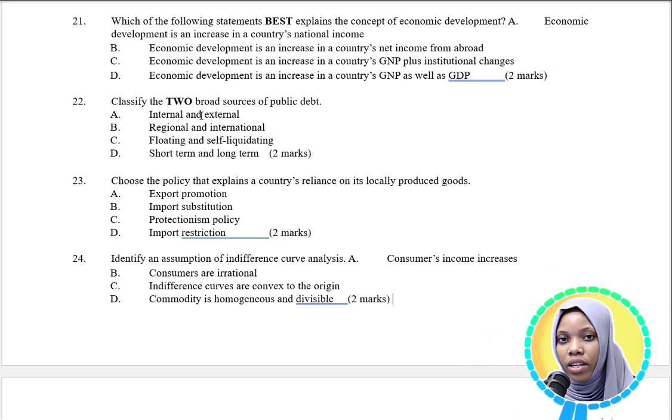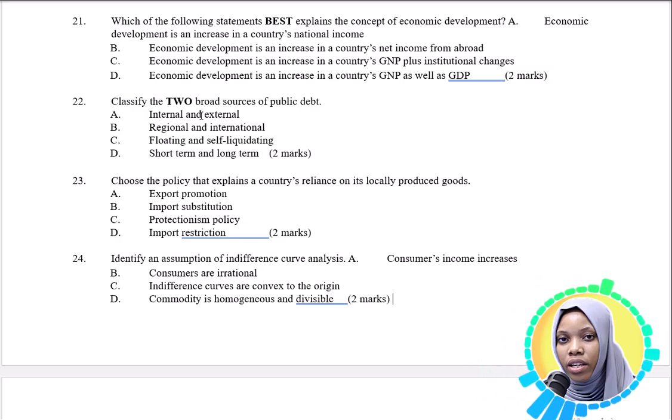Choice B, economic development is an increase in a country's net income from abroad. Choice C, economic development is an increase in a country's GNP plus institutional changes. Choice D reads, economic development is an increase in a country's GNP as well as GDP.